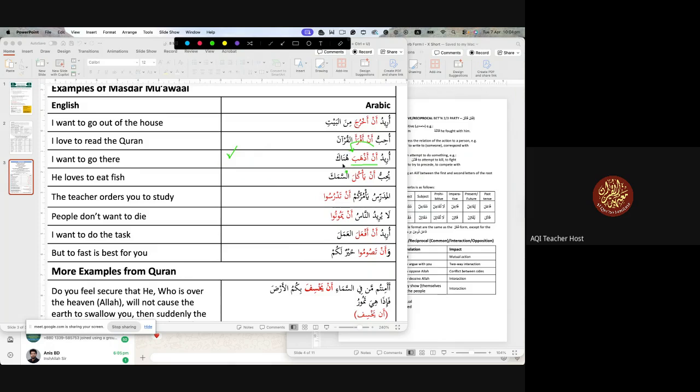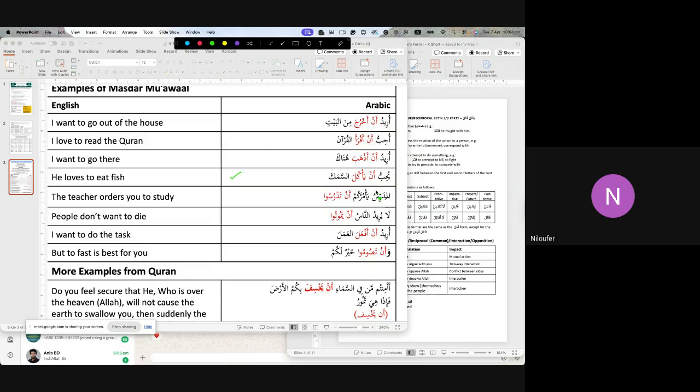Next one, please. Yes. Yuhibbu an yakula samaka. He loves to eat fish.